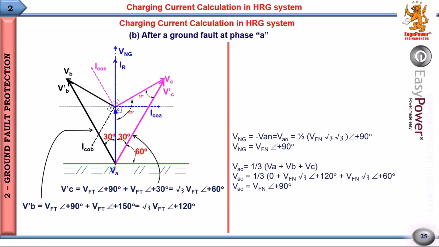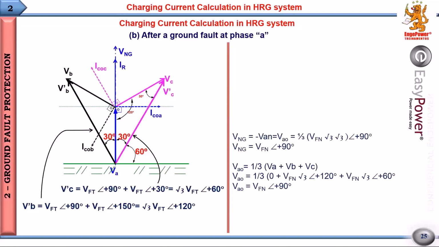We have to sum this vector here with this one in order to reach this. And the summation gives us this result. Also, the magnitude rises by the square root of 3, but this new angle will be 60 more 60 degrees. That is 120 degrees.